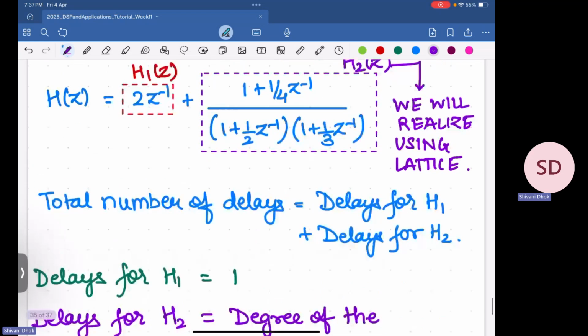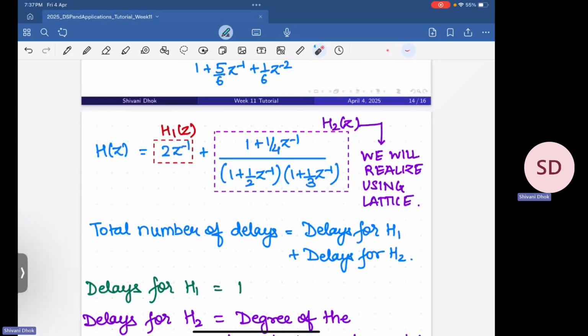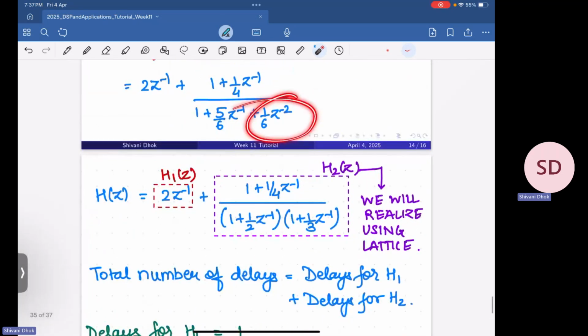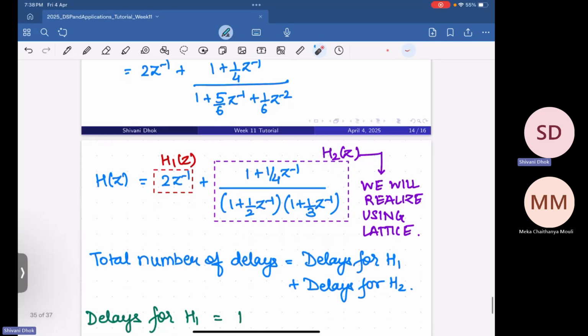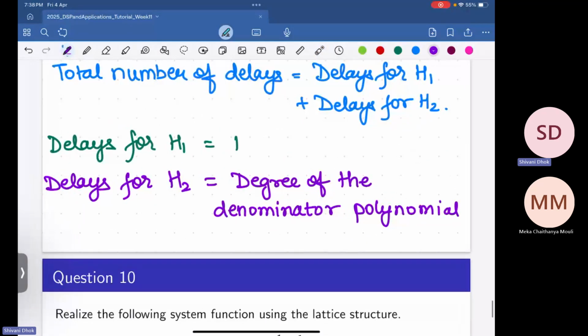And what is the degree of the denominator polynomial? So this is a single degree thing getting multiplied by a single degree thing. So the total degree that we have comes out to be equal to 2.